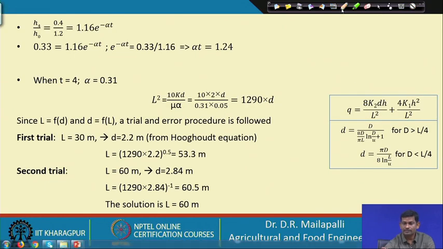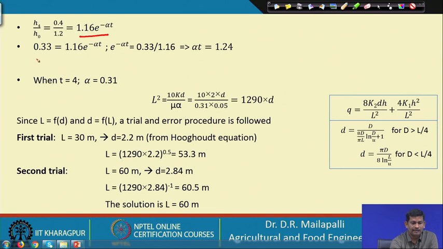Now, from the Glover-Dumm equation, h 4 by h naught, t equal to 4 days and t equal to 0, that is 0.4 by 1.2, which will be 1.16 e power minus alpha t.